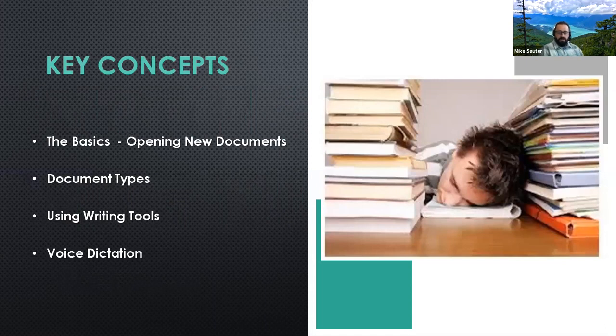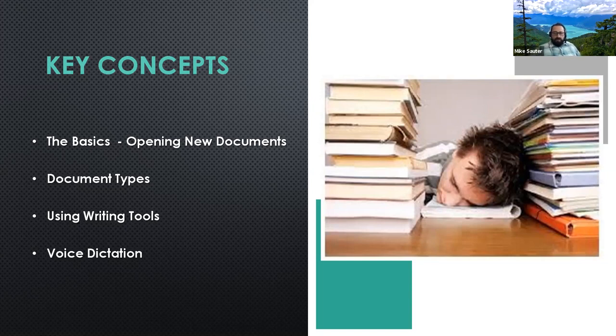The areas that we are going to be covering today: we'll start with the basics of opening new documents, and we will explore the different types of documents that you can create, because there are a number of different types of documents. We're going to go into a couple of them and how to use them.